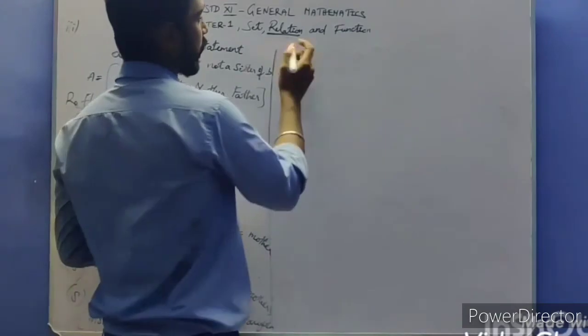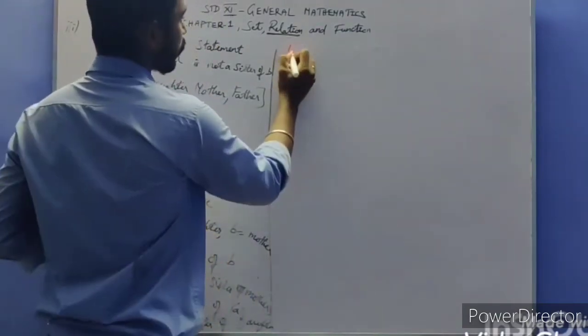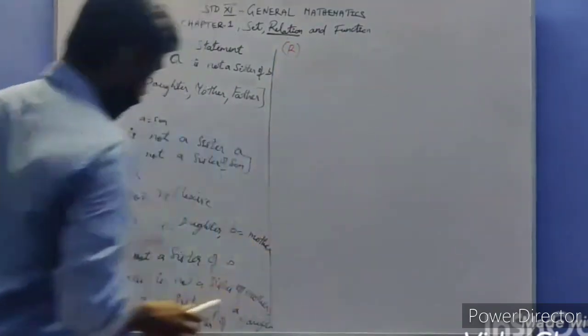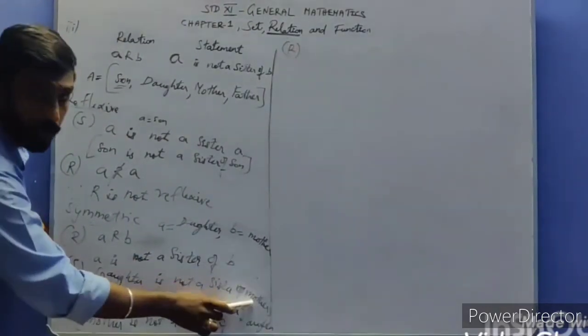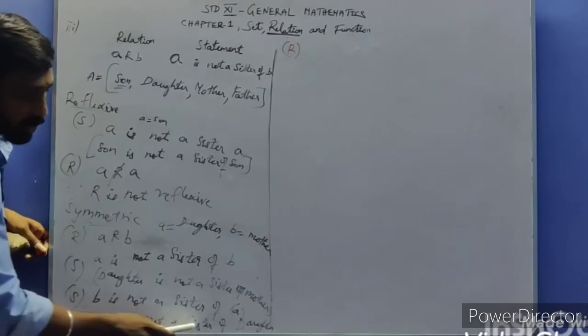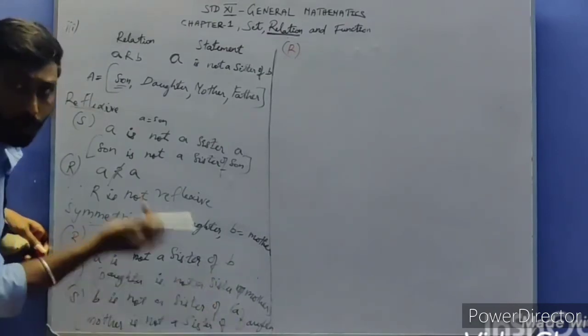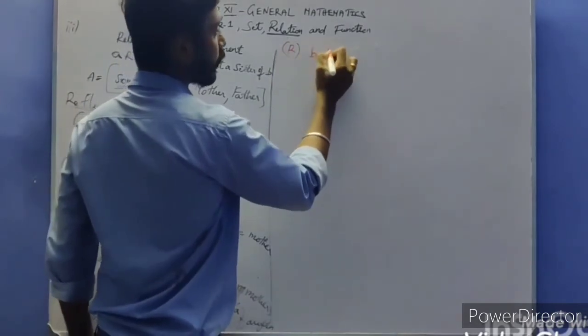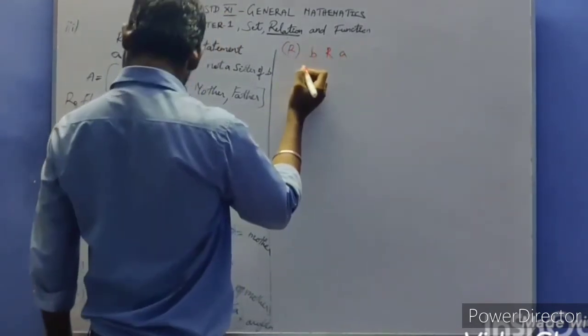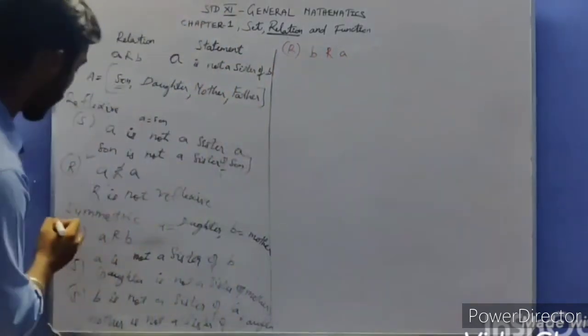Now we have to write the relation. Both the conditions are possible because daughter is not a sister of mother, and mother is not a sister of daughter. Both the conditions are true. So B is related to A. So it is written in case 1.